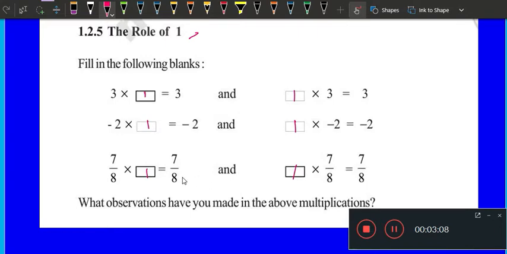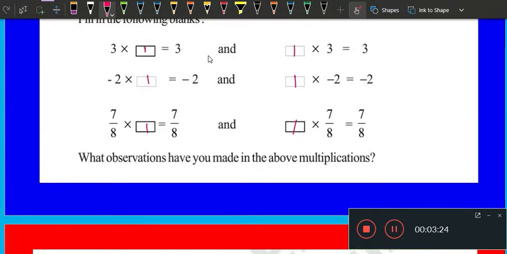What observations have you made in the above multiplications? If we multiply any number with 1, then we get the same number.